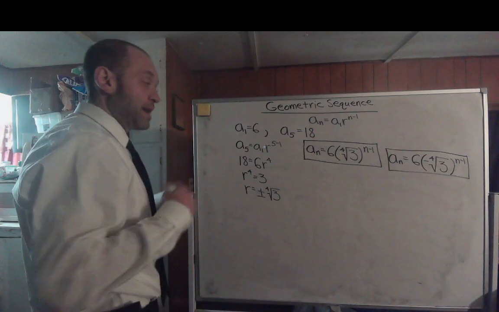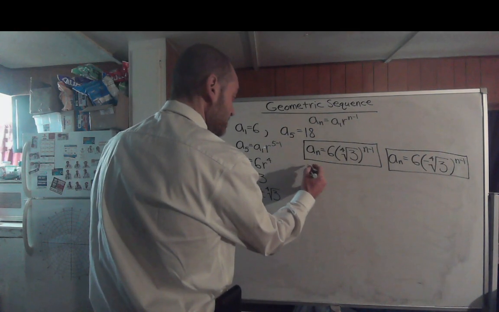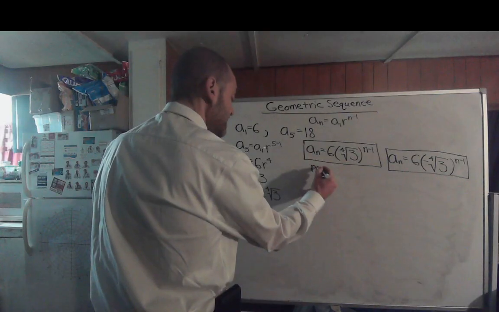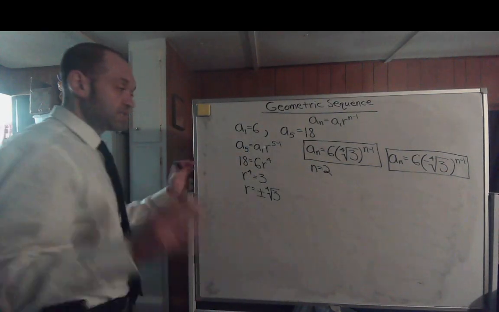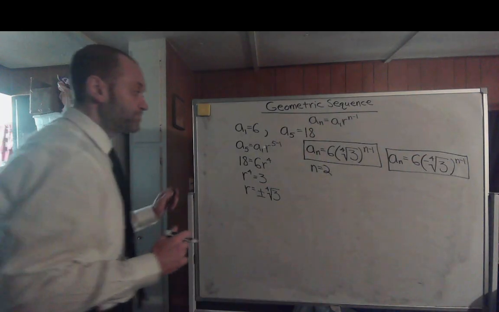We're going to work backwards. We're going to find the second term of the sequence. So let's just take n equals 2. Let's find the second term.